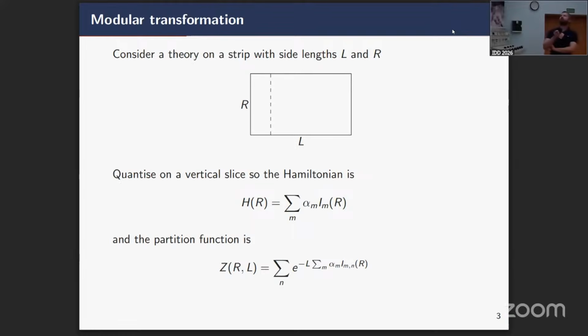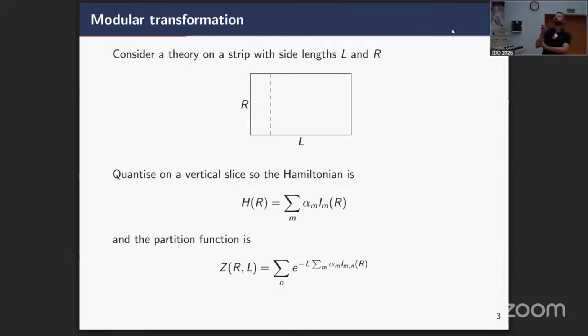If I want to study a system with these additional conserved quantities, I'm going to focus on just the two-dimensional case for now. So I assume that my system lives on a strip of lengths R and L, and I'm working in a quantum theory.